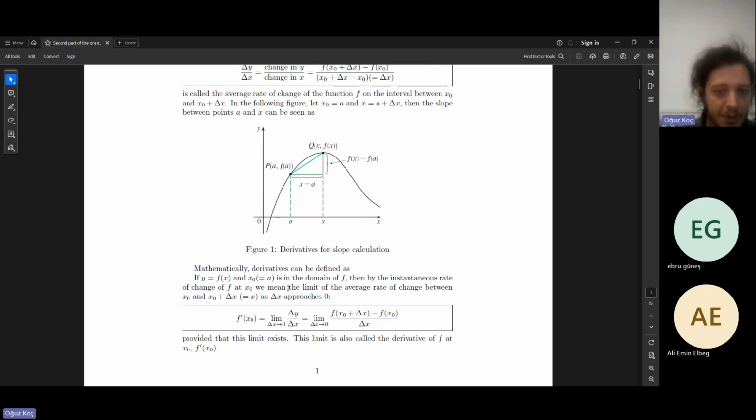And we can also define it mathematically.